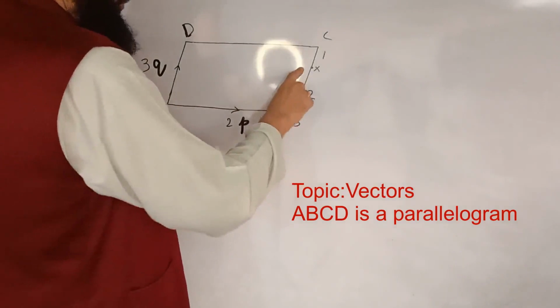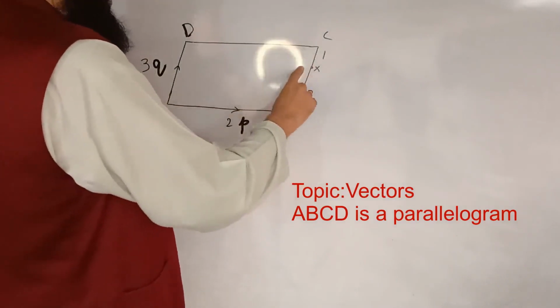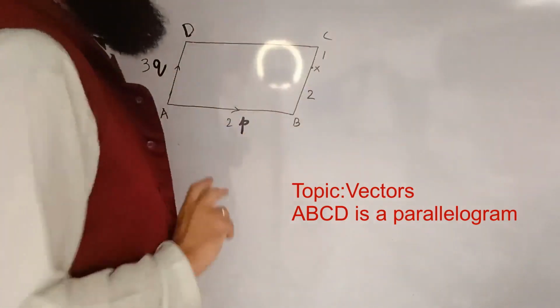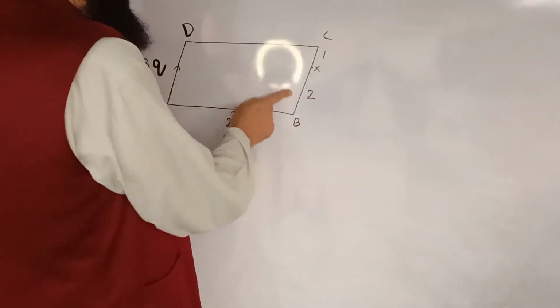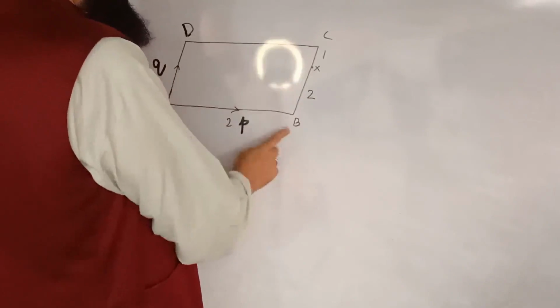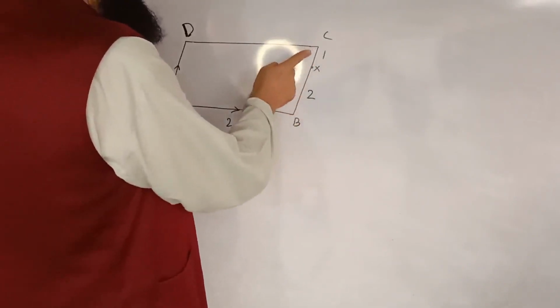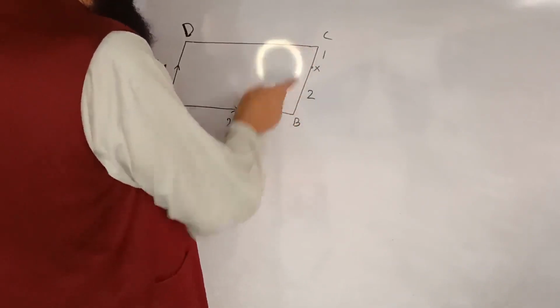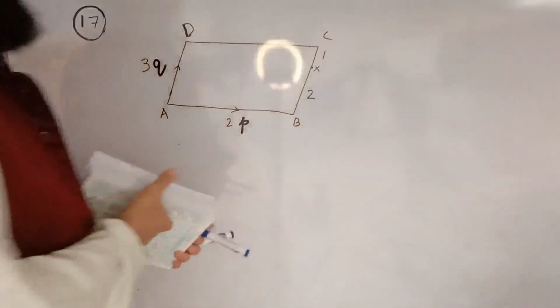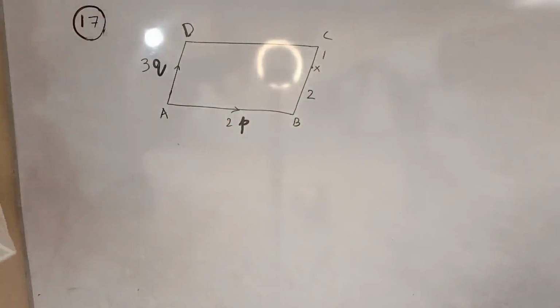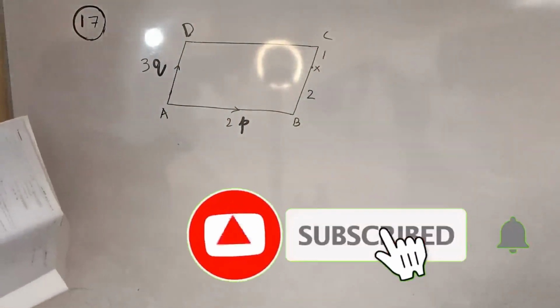So the ratio is 2:1, so overall is 3. So 2 over third of BC is BX and 1 over third of BC is XC. You have to take care of the direction there.